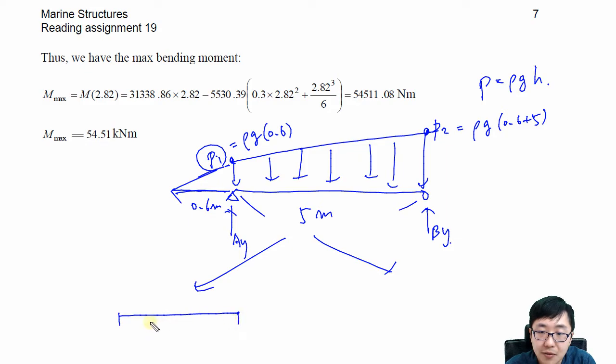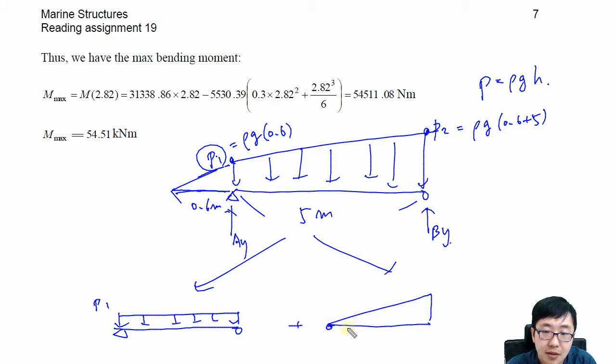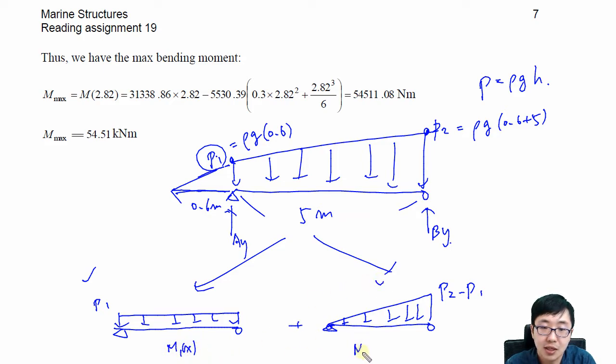This is applied to the simply supported beam, like P1 plus this is P2 minus P1, so that once you get this one and this one, you can get M1x, M2x, and later you can add up the total.